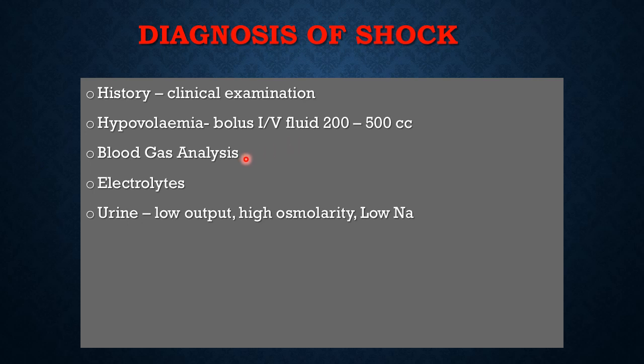Blood gas analysis and electrolytes will reveal the acid-base balance and the electrolyte imbalance. When you're treating the patient as a whole, you have to rectify all of these things in order to recover the patient. Urine is low output, high osmolarity, low sodium, high potassium, and concentrated.